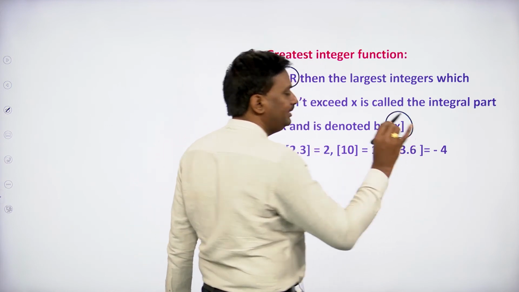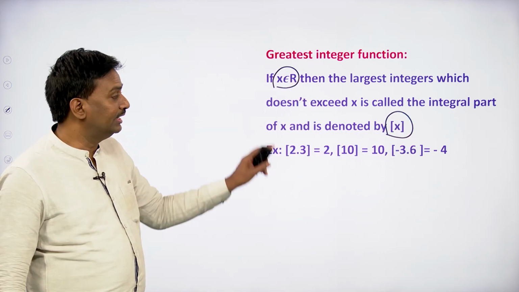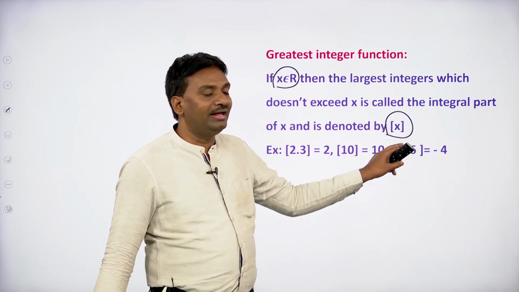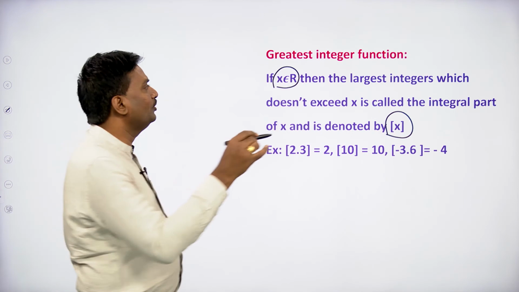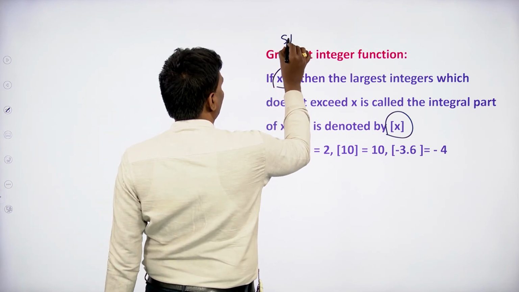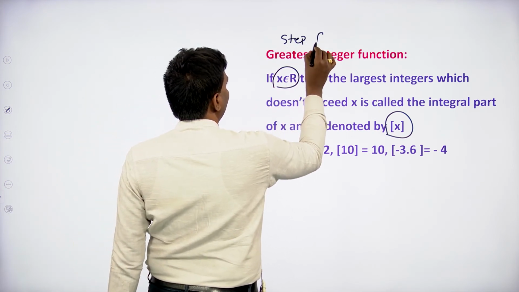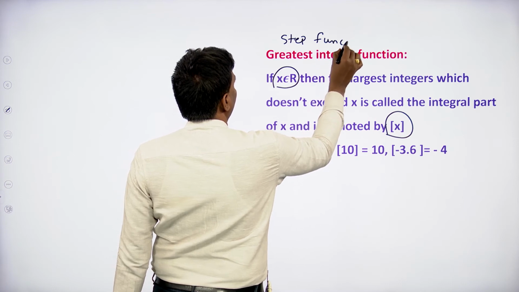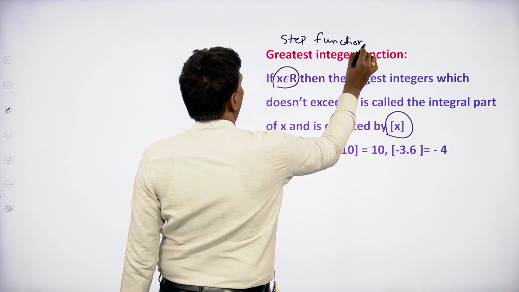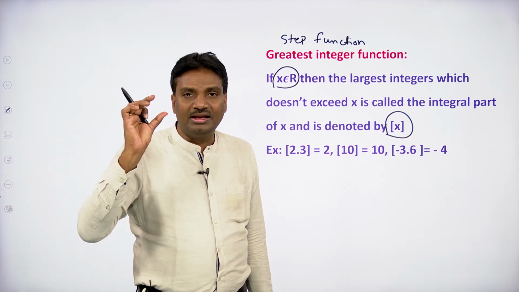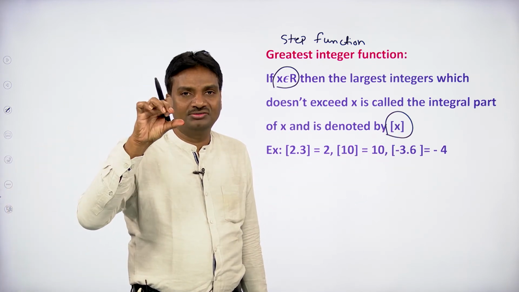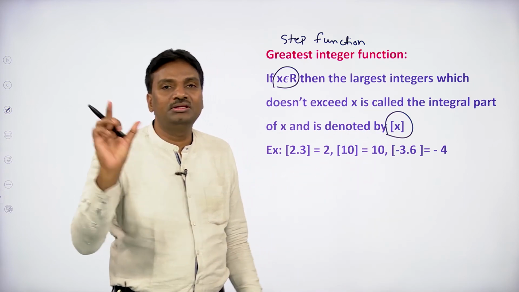This is not a normal bracket. That is how we represent the greatest integer function. The greatest integer function is also known as the step function, both are the same. We can read this as greatest integer of x, or integral part of x.